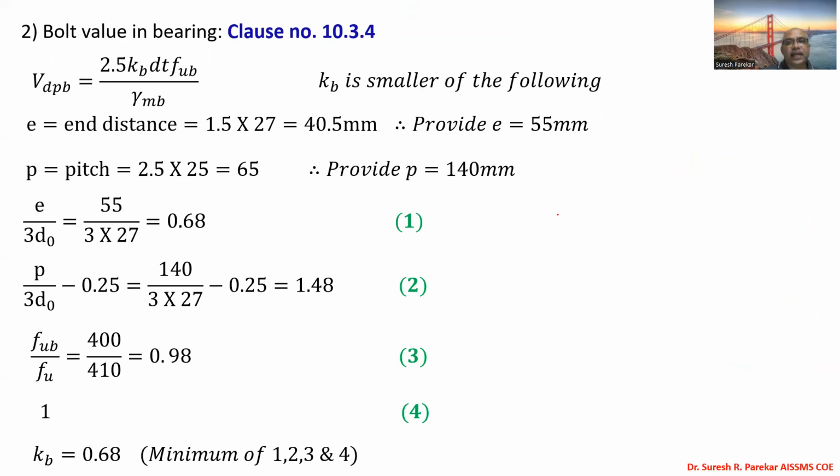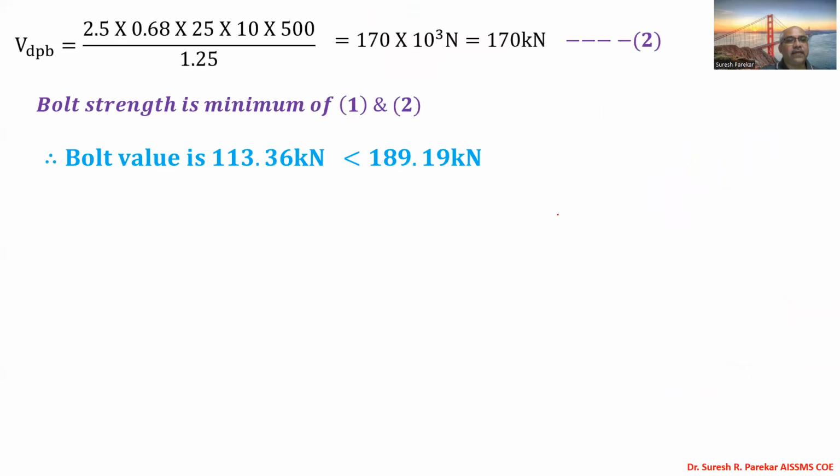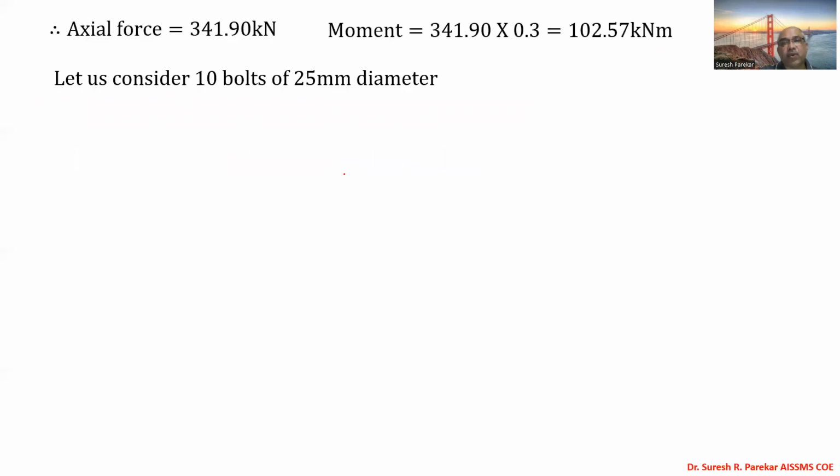KB I get as 0.68, and from this VDPB is 170. So it is large. The bolt value 113.36 is less than 189.19 kilonewton. This is a very large force and I have a very low bolt value. So instead of 8 bolts, I will directly take 10 bolts now.